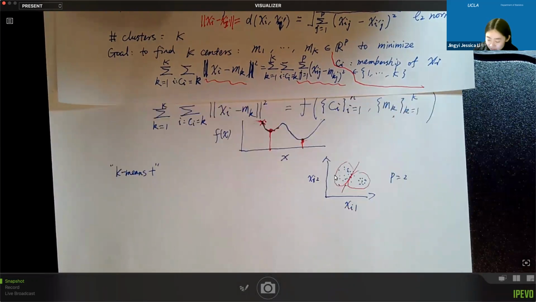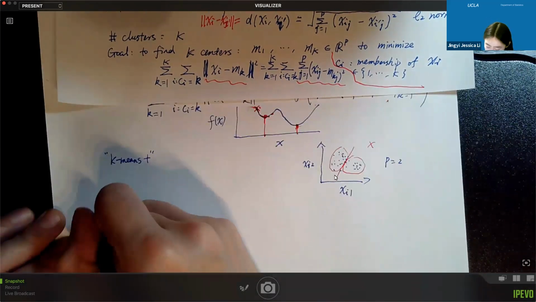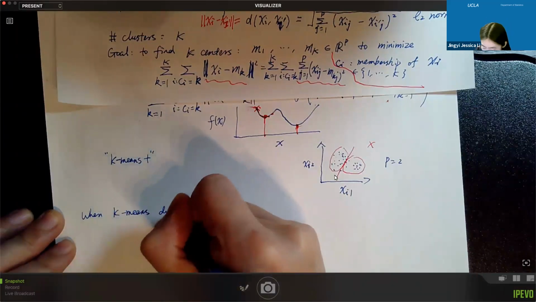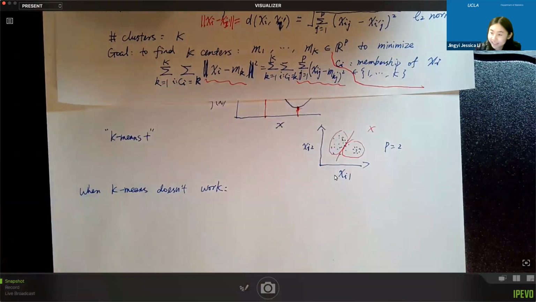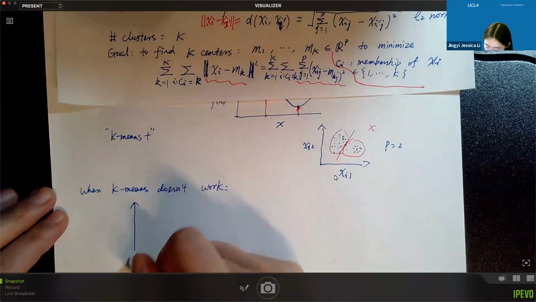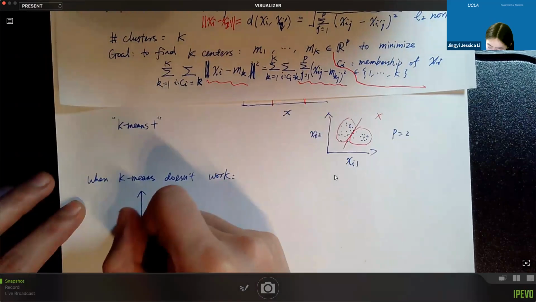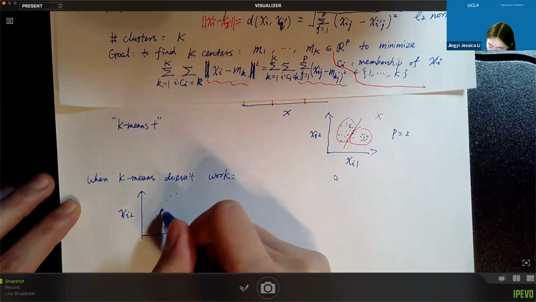Okay, and another case where k-means does not work well. I can give you another example. k-means does not work when the Euclidean distance is not a good metric. Still, let me talk about 2 dimensions for visualization. This is what's called a Swiss roll problem.